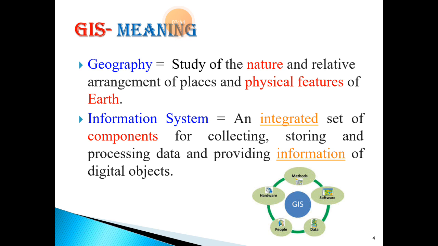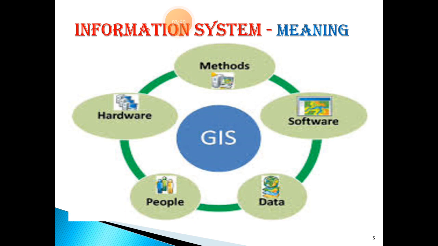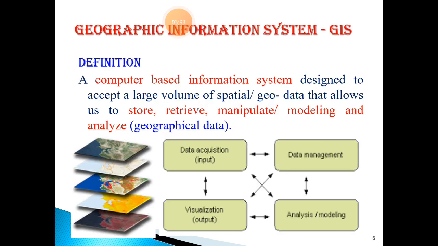Students, now if we combine both the terms of geography and information system, it gives the definition of Geographic Information System together.